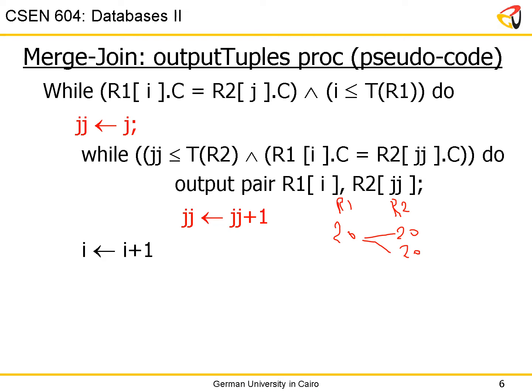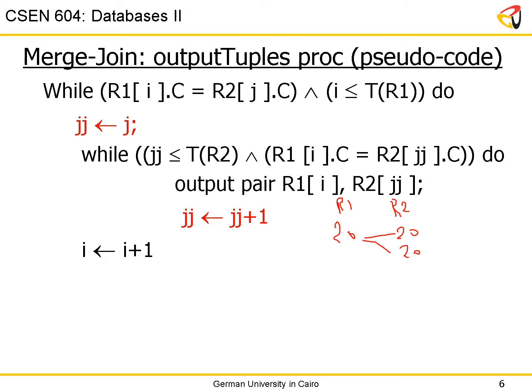So the incrementation will have us match both of these with R1 of i, which is the first 20. And then in the last step, I increment i by 1 to move in the R1.c column downward one row.